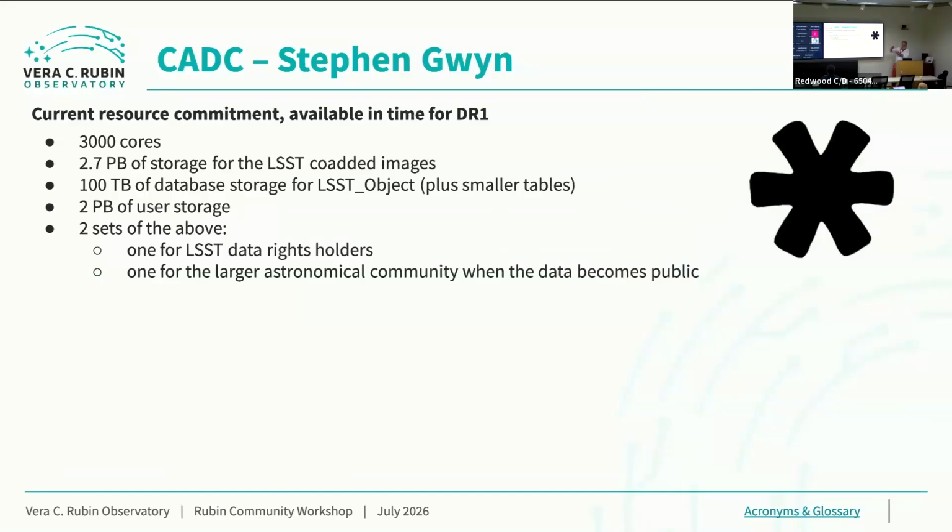And that's actually times 2, where we're going to deliver one of those in time for DR1 for you Rubin data rights holders, and then when DR1 becomes public, at this point 2030, I guess, we'll provide a second set of resources to the larger astronomical community, for anybody, not necessarily data rights holders, to access Rubin data.